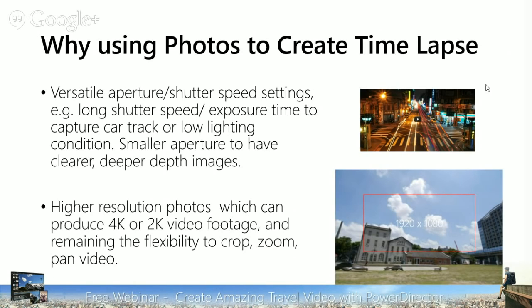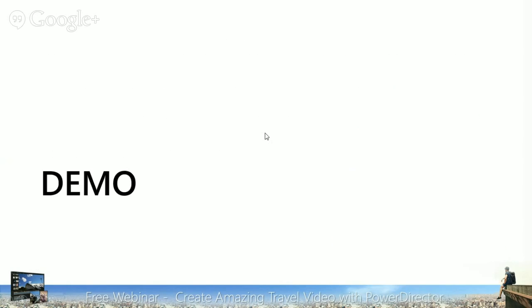Once you have higher resolution photos, you can generate a higher resolution time-lapse slideshow, like 2K or 4K, in PowerDirector. Even if your final production is in 1080p, this higher resolution video allows you to crop, zoom or pan the video in your project. So it's more flexible for you to use.